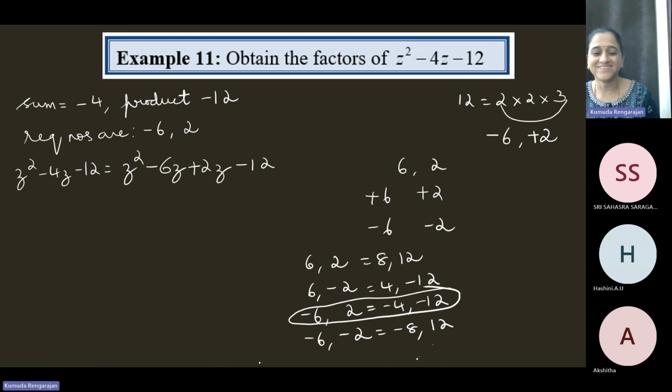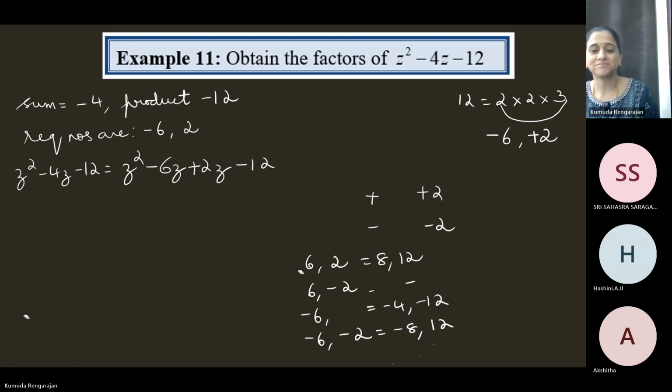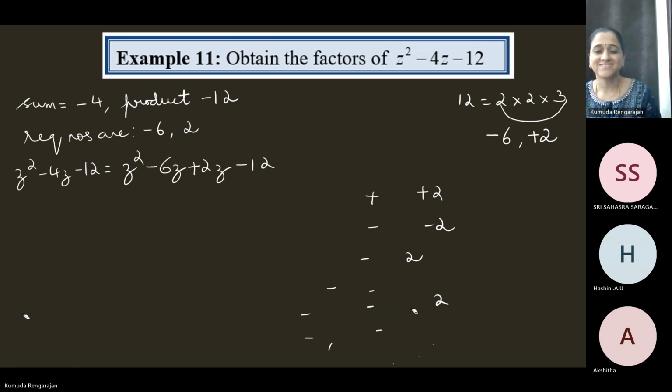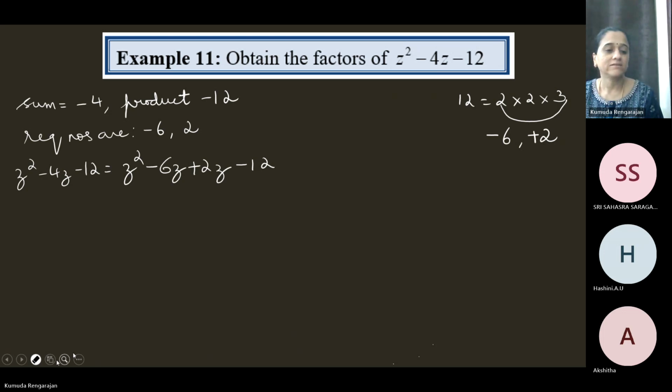I'll tell you. In this step, no brackets. Now grouping Z in bracket, Z minus, then with sign.